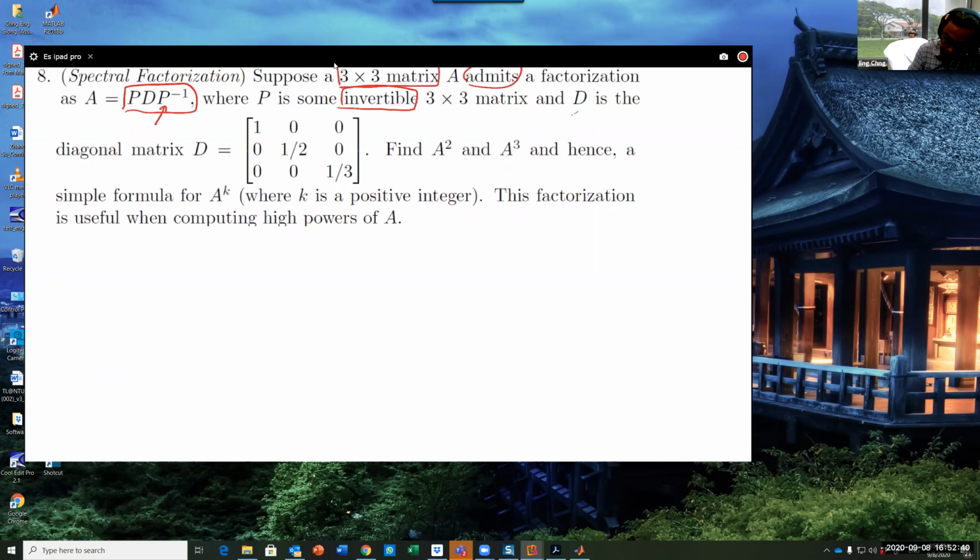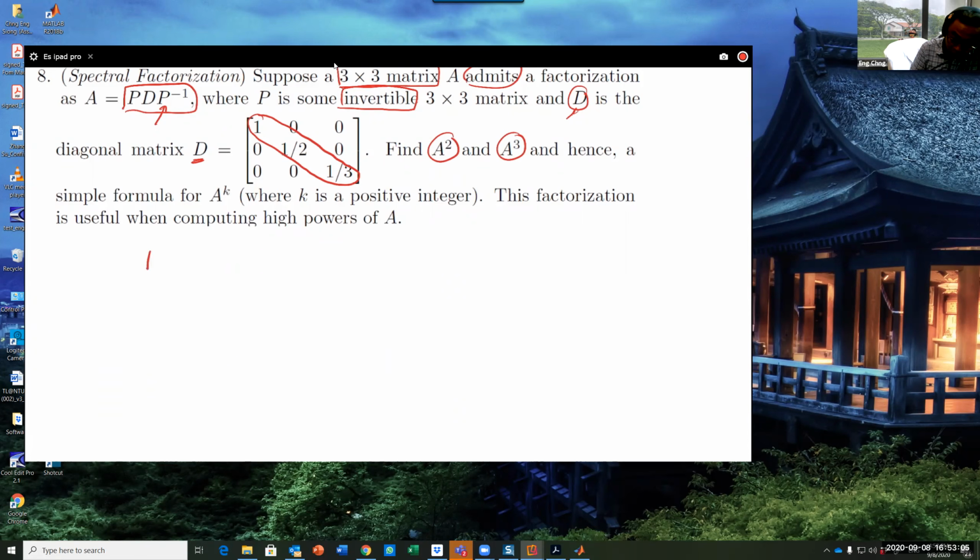D is diagonal. The word D is hinting that it's a diagonal matrix, which means only the diagonal elements are non-zero, and outside the diagonal is all zero. And then he says let's find A squared and A cubed, using some clever idea.